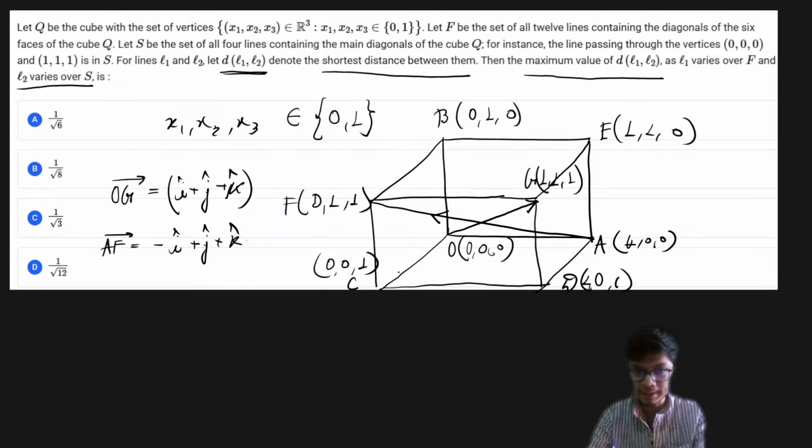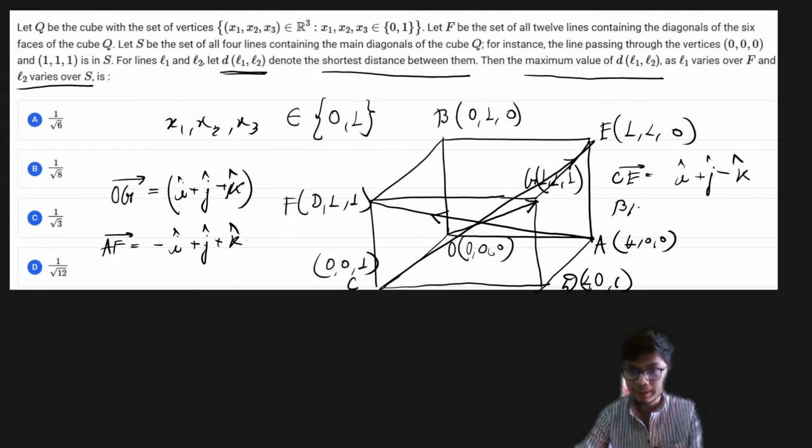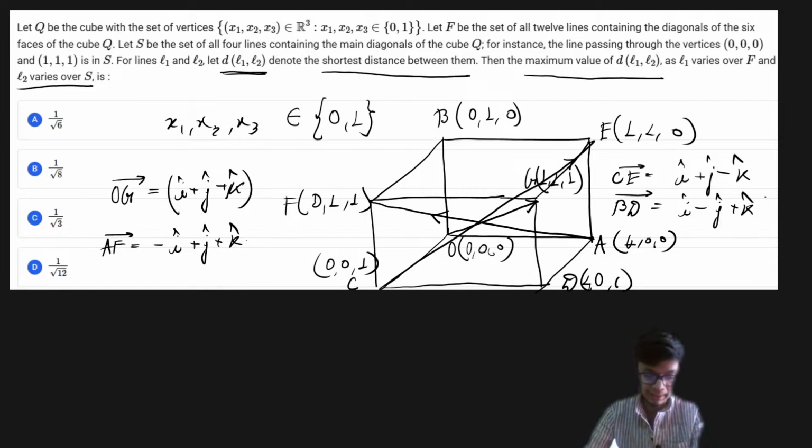And similarly, there will be another diagonal CE, whose direction ratio will be i cap plus j cap minus k cap. And the last diagonal BD will have the direction ratio i cap minus j cap plus k cap, right?